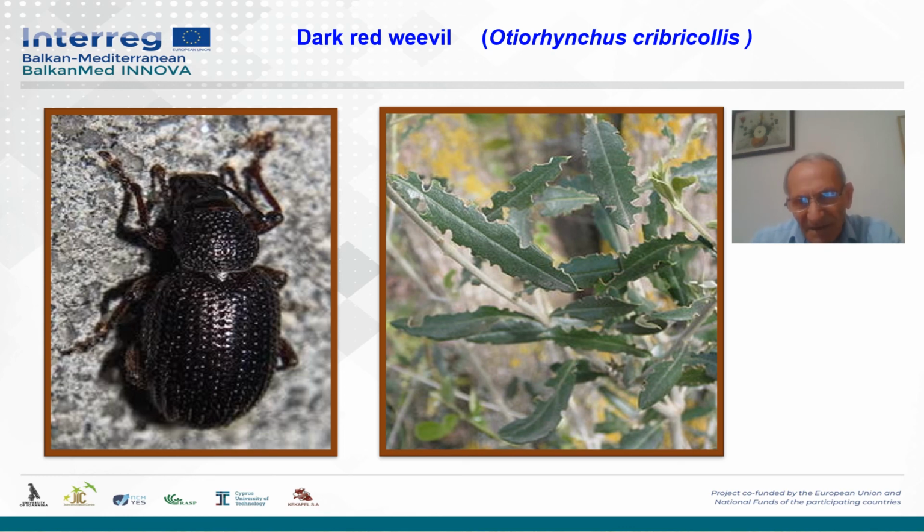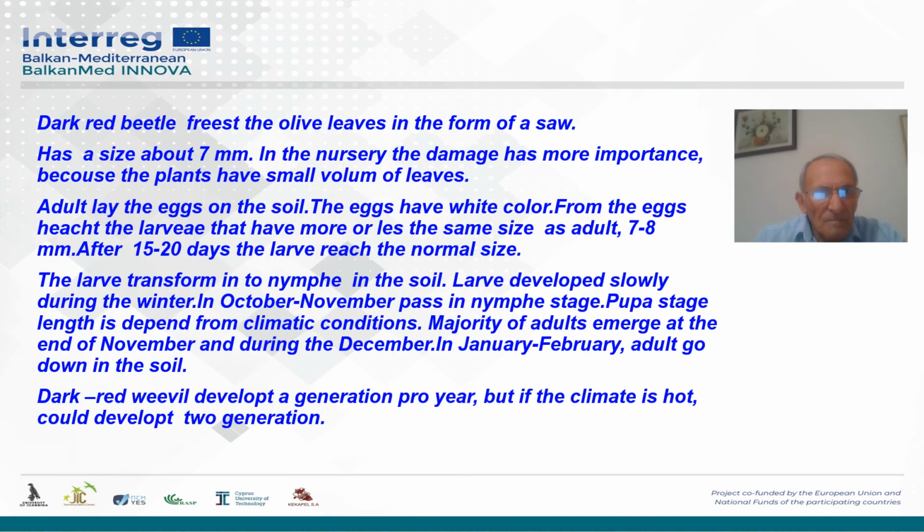The adult has eaten the leaves. As I mentioned, the dark red beetle eats the olive leaves in the form of a saw, and has a size of about 7 mm.